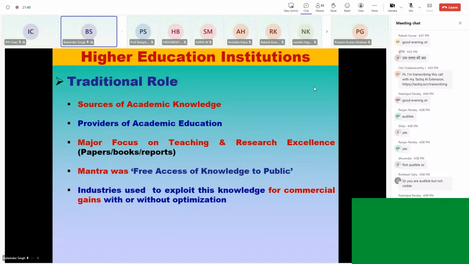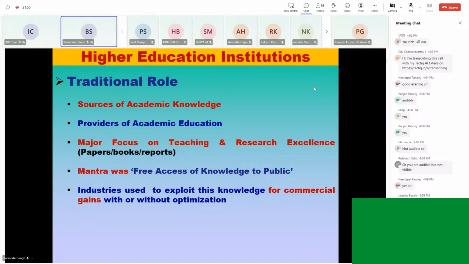Our major focus was on teaching and research excellence in higher education. Most colleges focus on teaching, and universities focus on teaching and research.